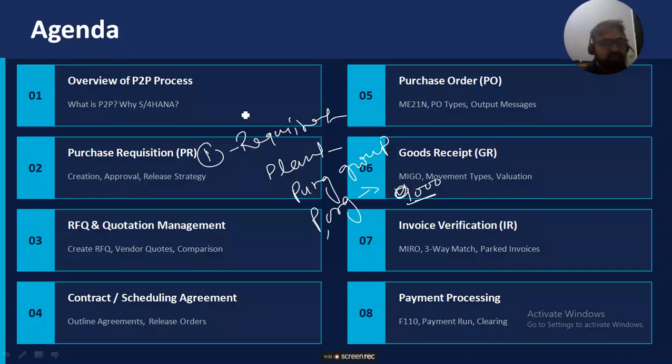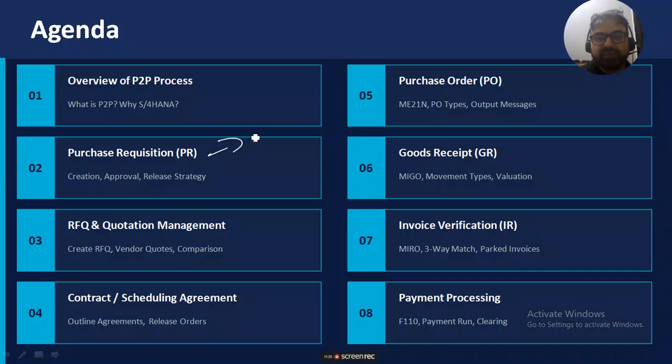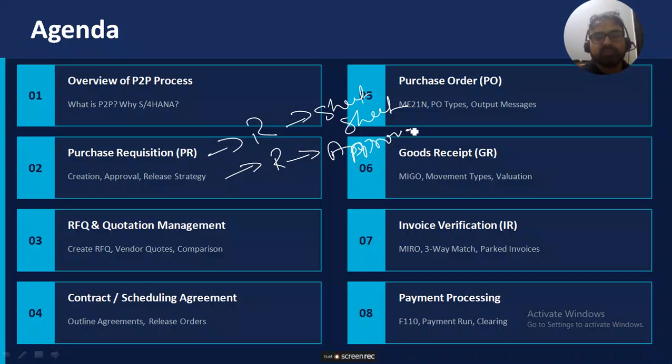Once you have to create the requirement, suppose you have created the requirement for steel sheet, right? Once you create the requirement, that requirement will flow to approval, right?